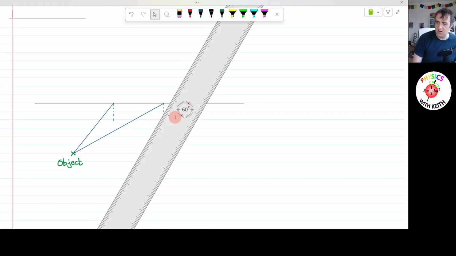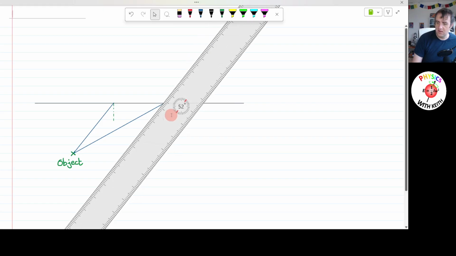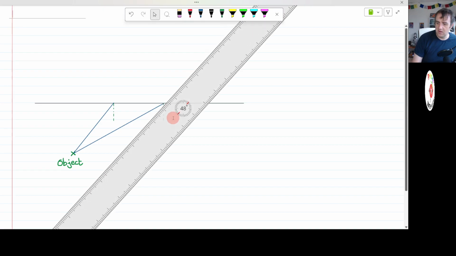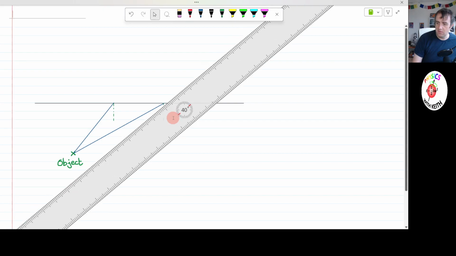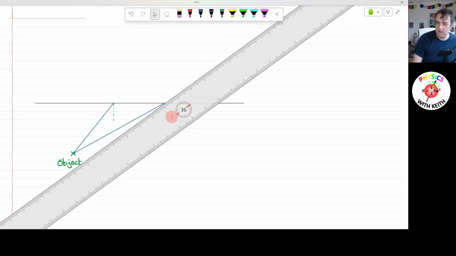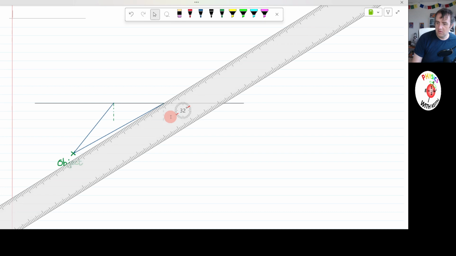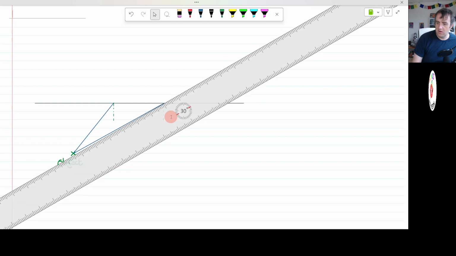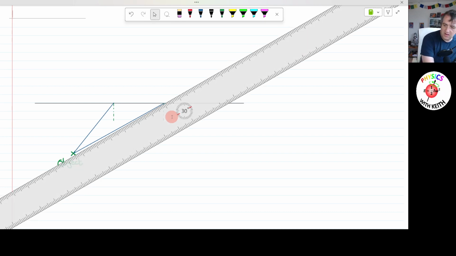Now that's 30 degrees. It's more than 30 degrees, more than 40 degrees, more than 50 degrees, carry on, oh, it's nearly 60 degrees, let's go a bit further.